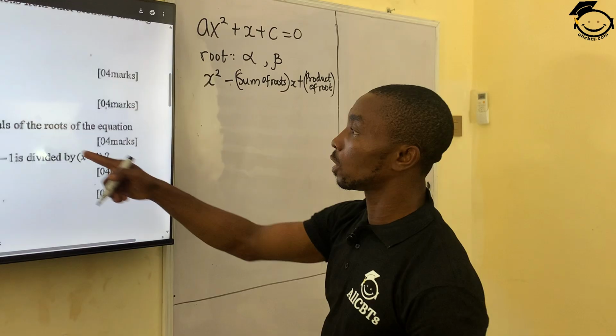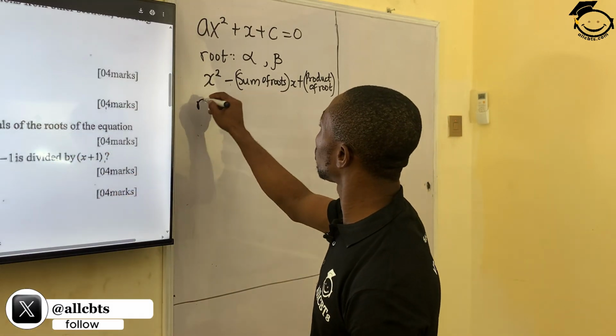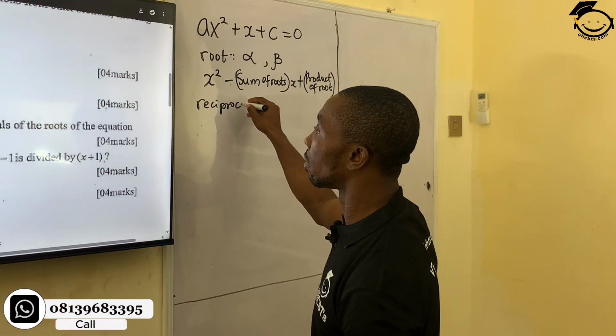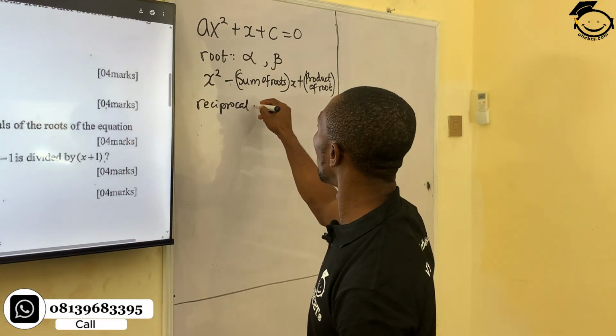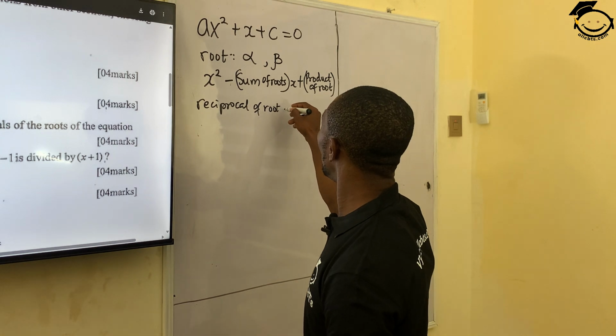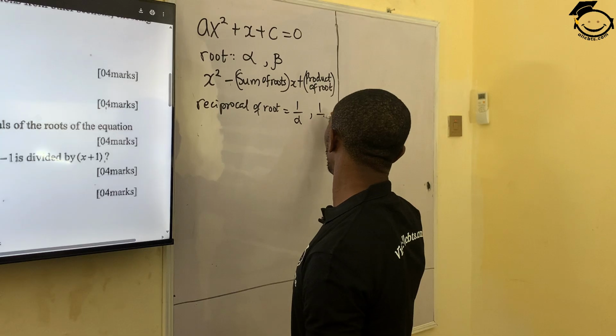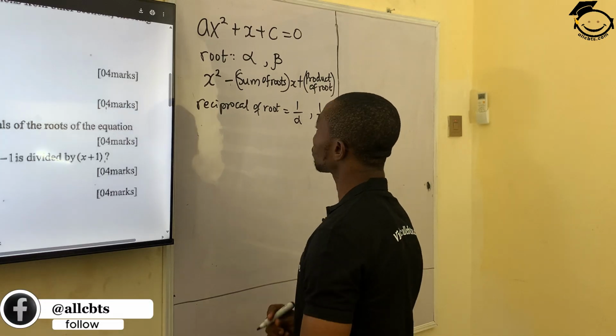Now, the question says to look for the reciprocal of the roots. That will be 1 over alpha and 1 over beta.